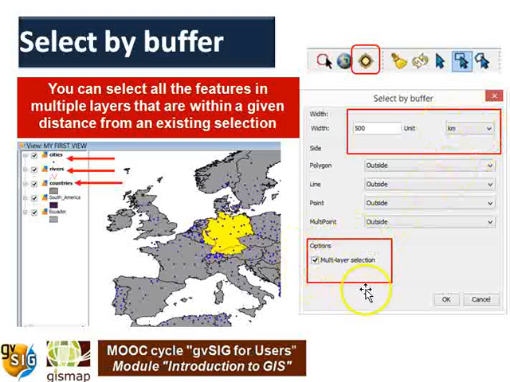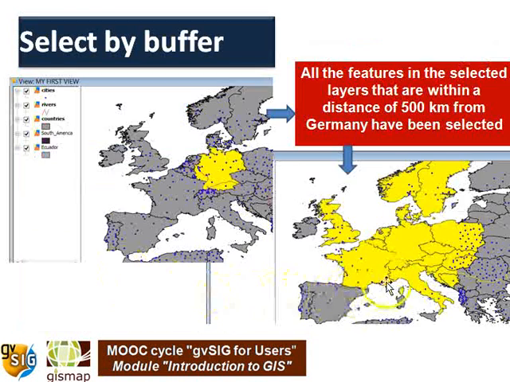You click on multi-layer selection, so it will affect all the selected layers. Then you click OK, and you see that all the elements in cities, rivers and countries that are within 500 kilometers from the previously selected feature will be highlighted.